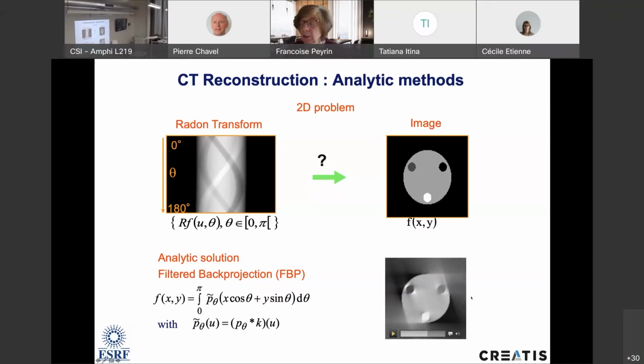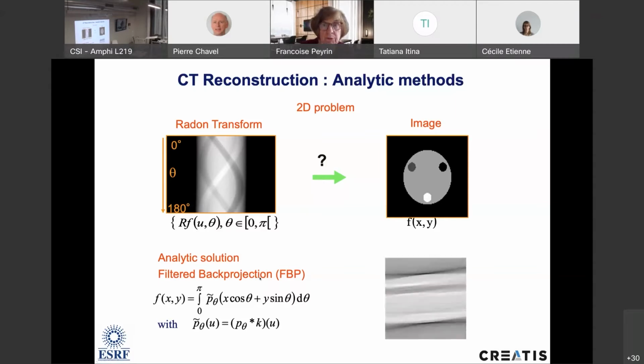For instance, if you do not have a complete data set, meaning you don't go from 0 to pi, but 0 to, for instance, 100 degrees, you will get this image, and the image will not be satisfying. So this method requires having all the data between 0 and pi. If that is the case, you have a good image, but if for some reason it's not possible, you will not get a good solution, and that is why it's interesting to use other kinds of approaches.